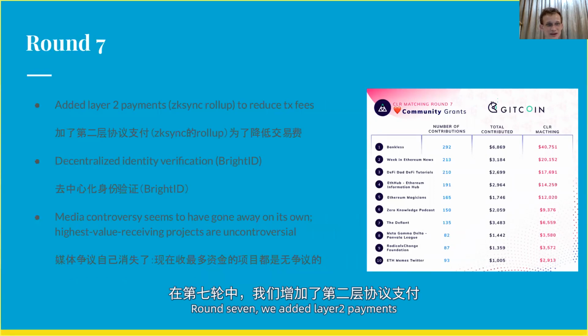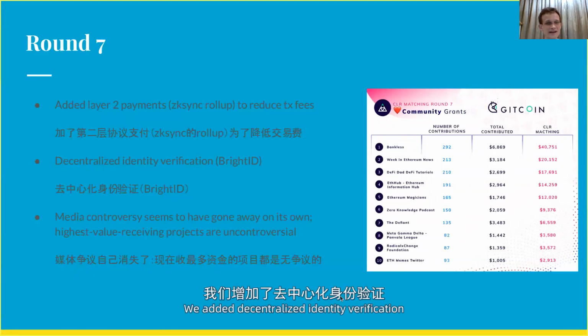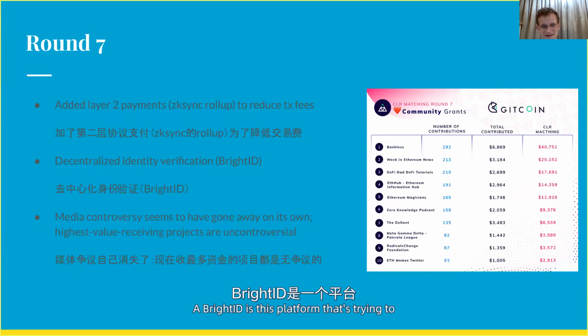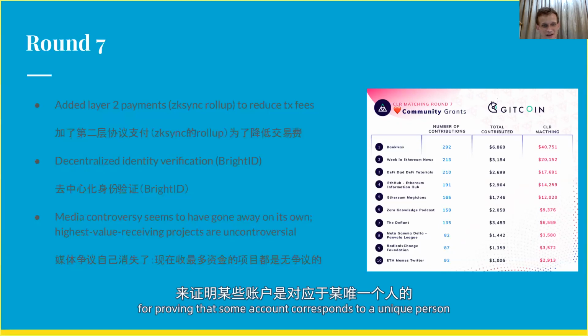Round 7, we added layer 2 payments. We used the ZK sync rollup to reduce transaction fees. We added decentralized identity verification. Bright ID is this platform that's trying to create a decentralized and social network-based mechanism for proving that some account corresponds to a unique person.